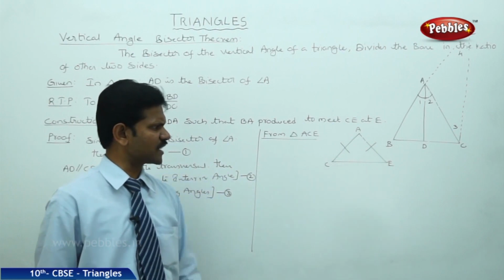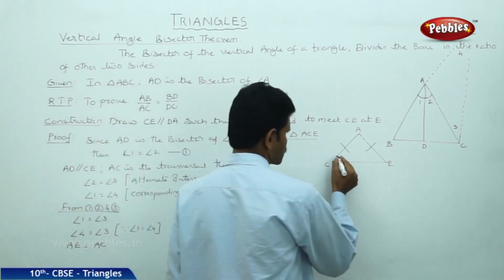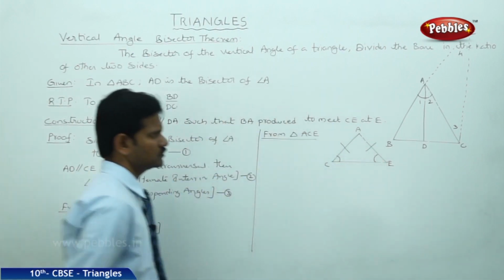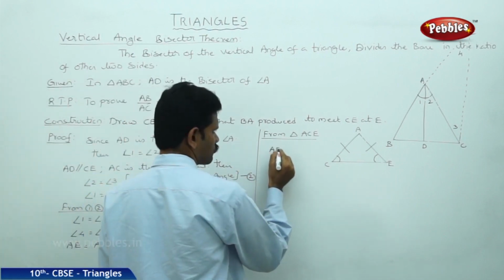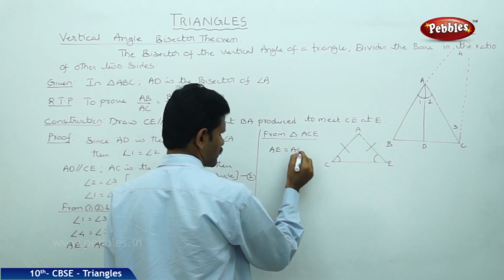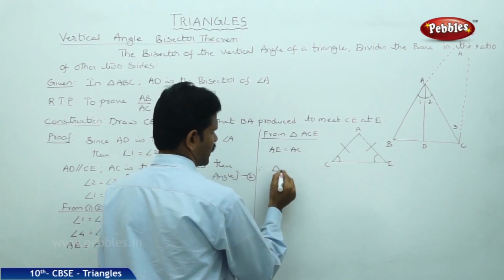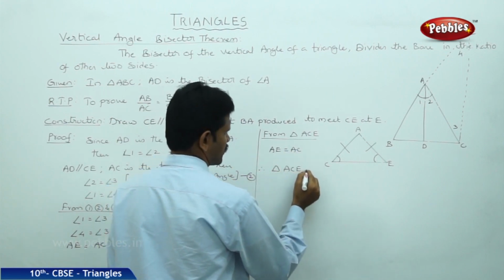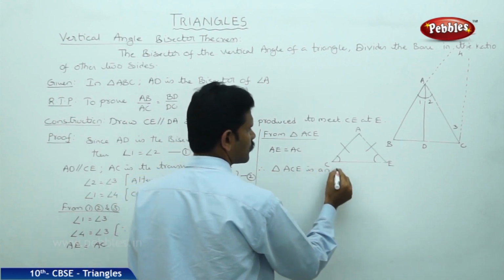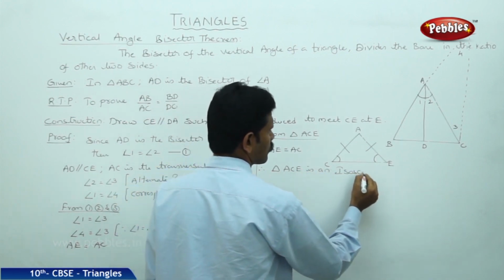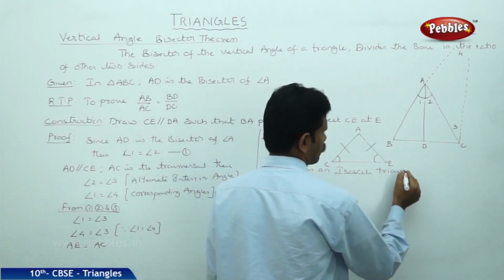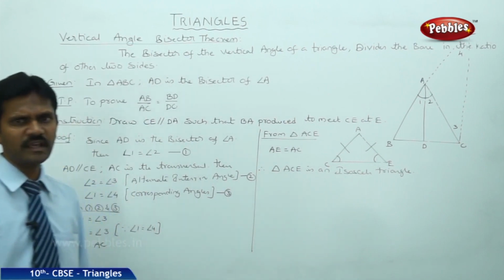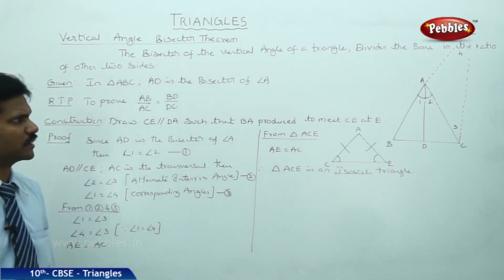In an isosceles triangle, the angles opposite to equal sides are also equal. Here I got that AE is equal to AC. Therefore triangle ACE is an isosceles triangle.